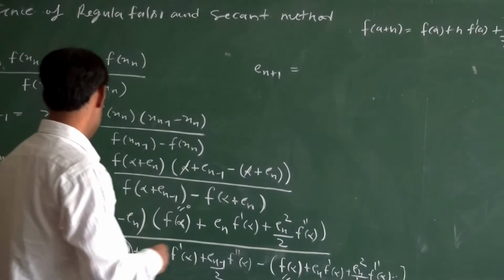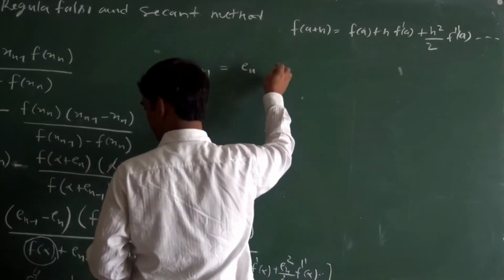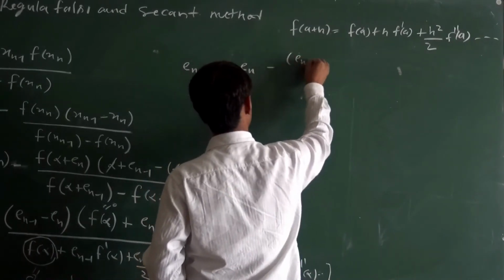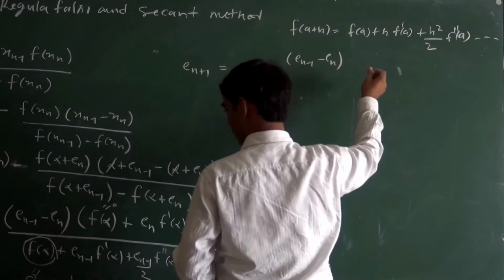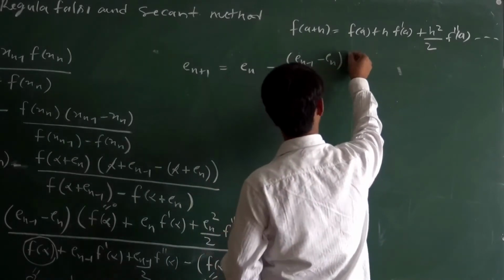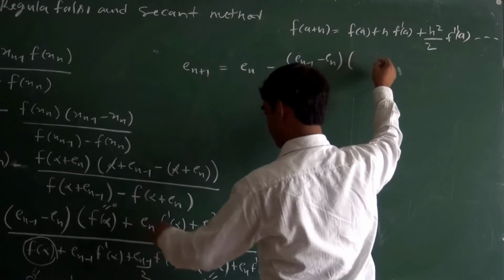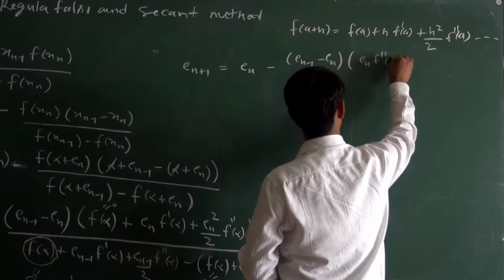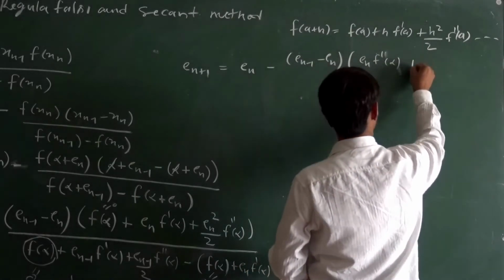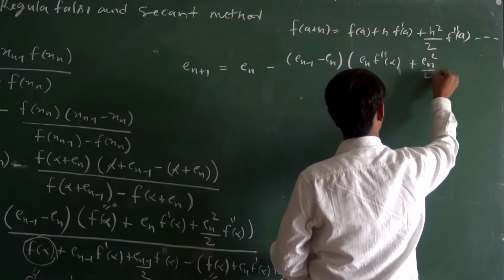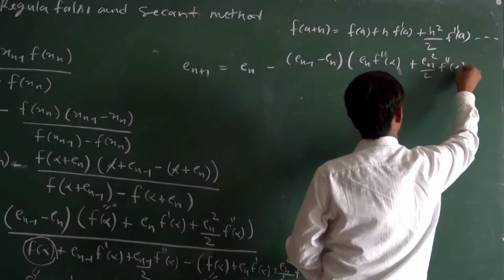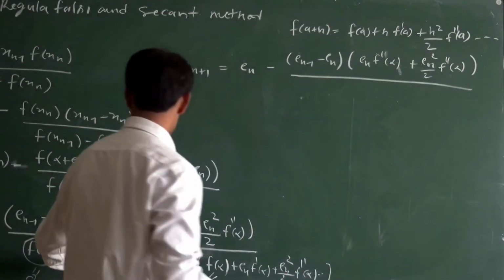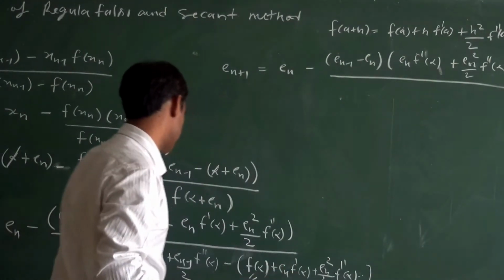So here we write E_n minus (E_{n-1} minus E_n), f(alpha) becomes 0, this one E_n f'(alpha) plus E_n squared by 2 f''(alpha), divided by f'(alpha).